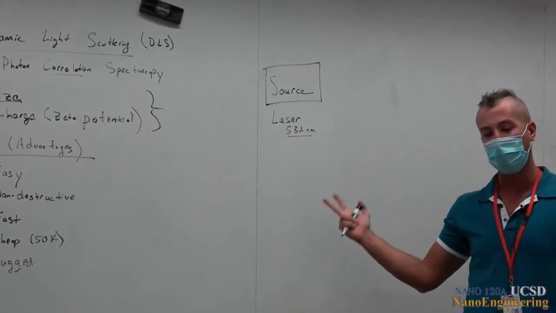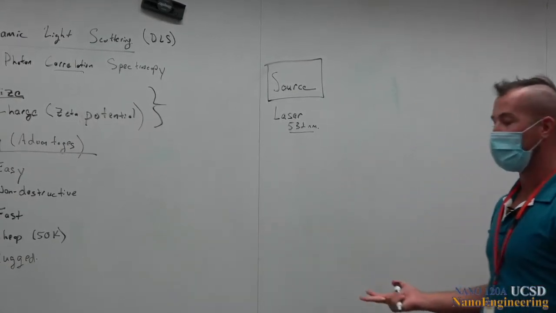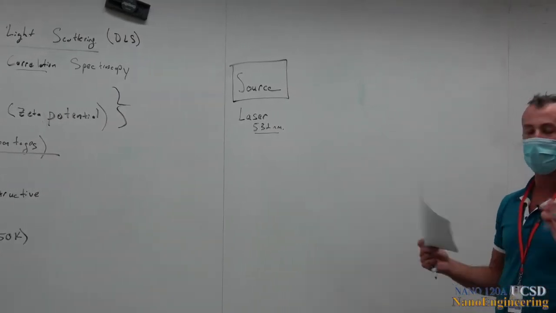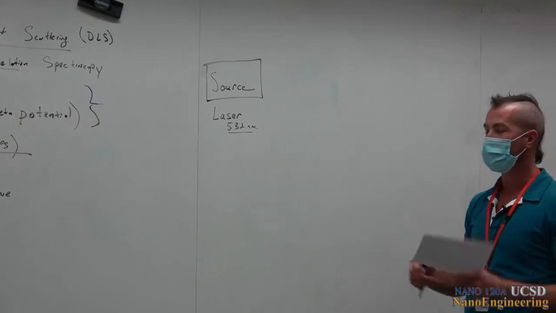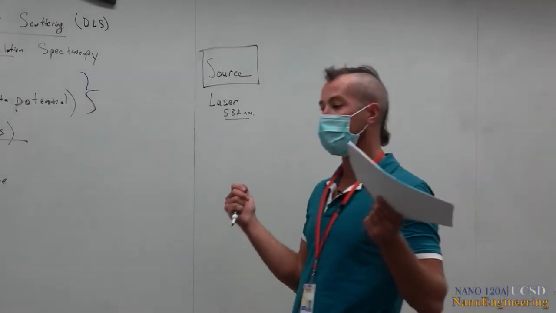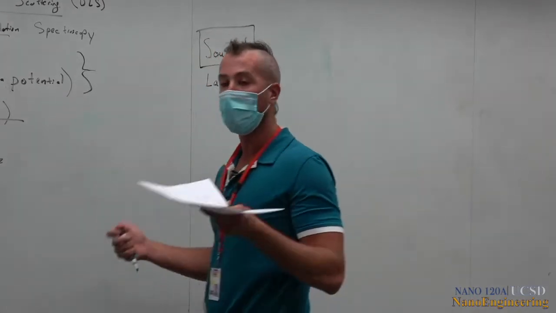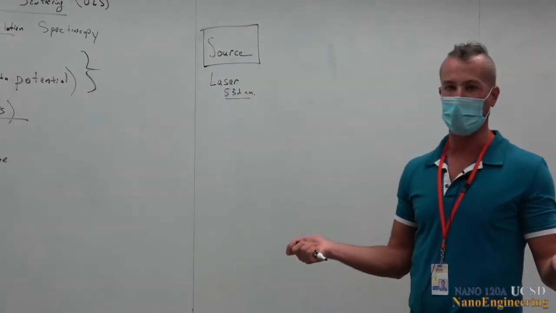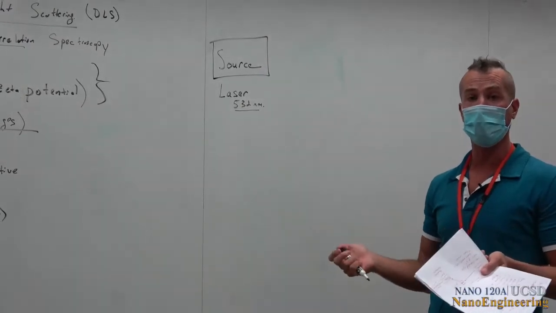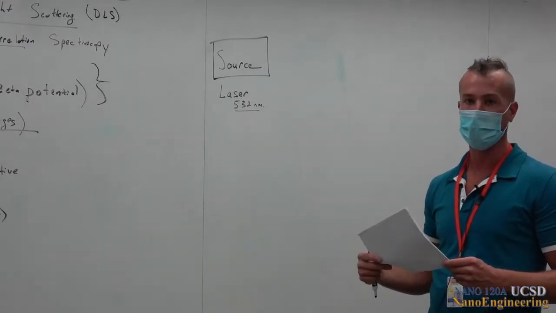When you get farther and farther away from this, it's going to scatter less. An important corollary is that bigger particles always scatter more, right? A 600 nanometer particle is always going to scatter more than a 10 nanometer particle, but it's going to scatter the most at 600 nanometers, okay?